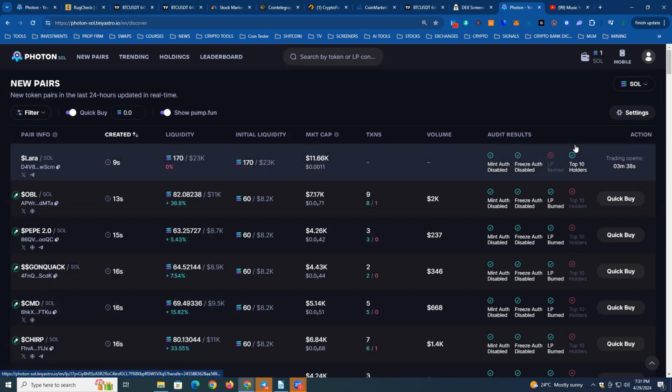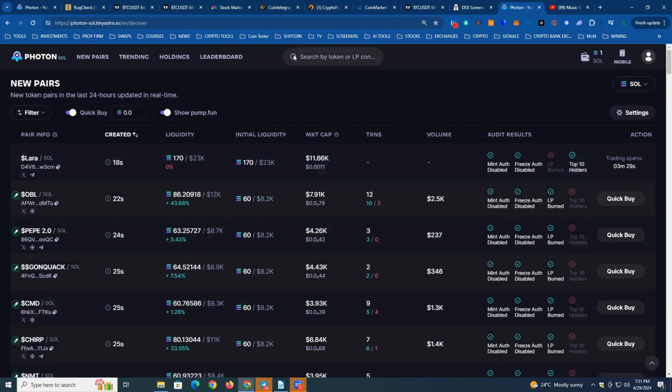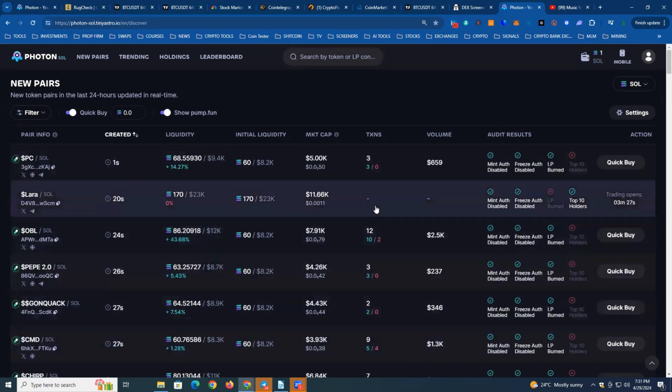And the fourth is, it gives you the top 10 holders in terms of percentage wise and things of that nature. Now, this is the general setup that you will encounter when you click on new pairs.